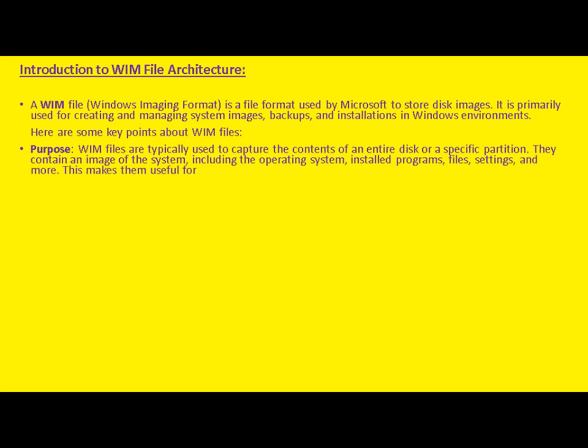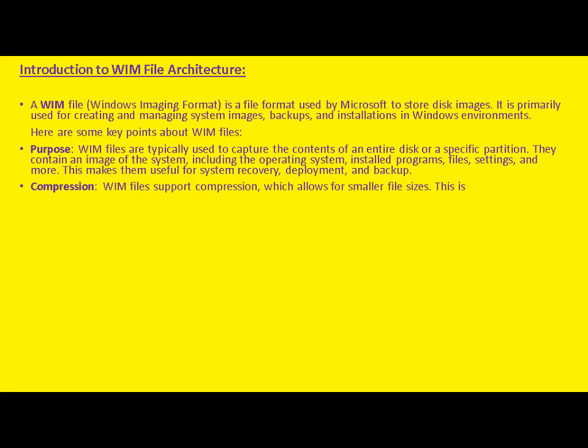This makes them useful for system recovery, deployment, and backup. Next is compression. A WIM file supports compression, which allows for smaller file sizes. This is important for reducing storage space and speeding up the transfer process when deploying the image.